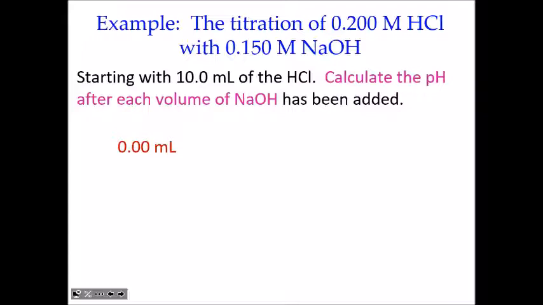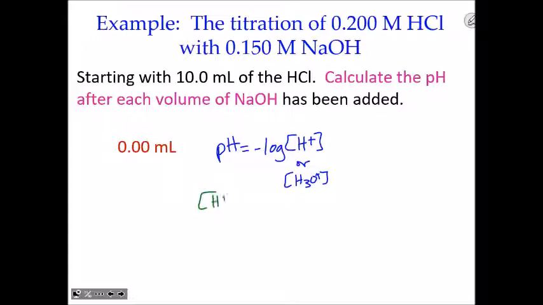So at 0, what do we have in the solution? What's actually in the flask or beaker at that point? 10 milliliters of HCl. So to figure out the pH, what do we need? pH equals the negative log of hydrogen, or hydronium, whichever way you want to look at it. How do I figure out that amount when I'm dealing with a strong acid?